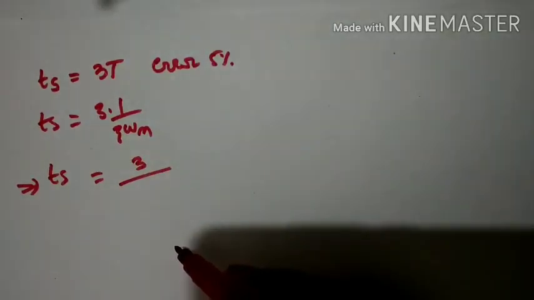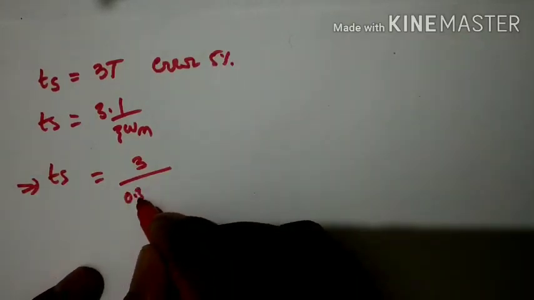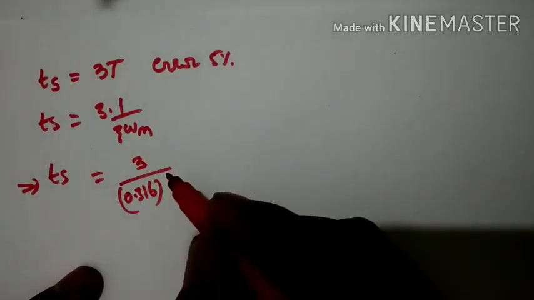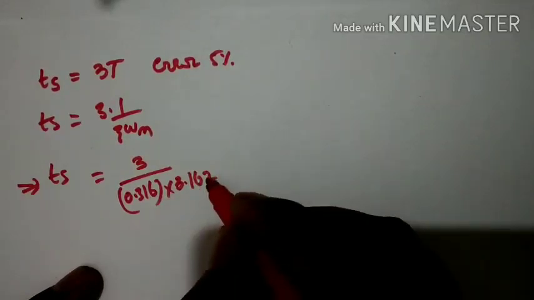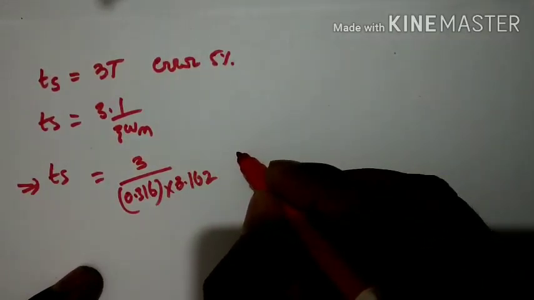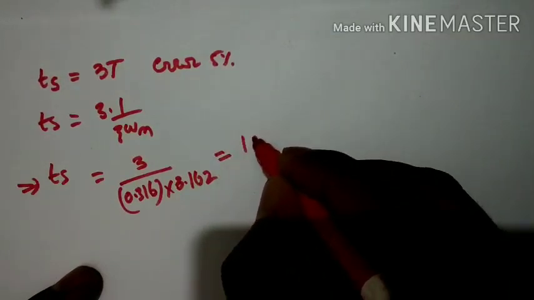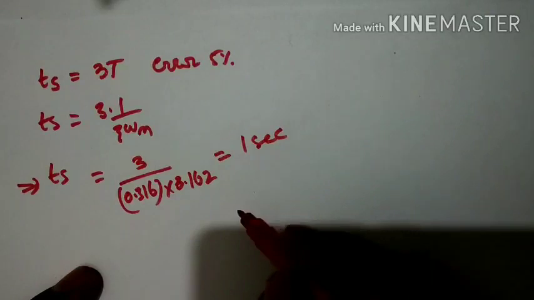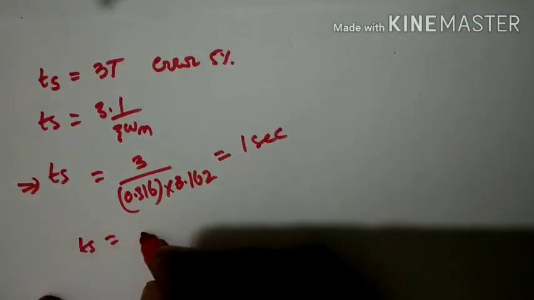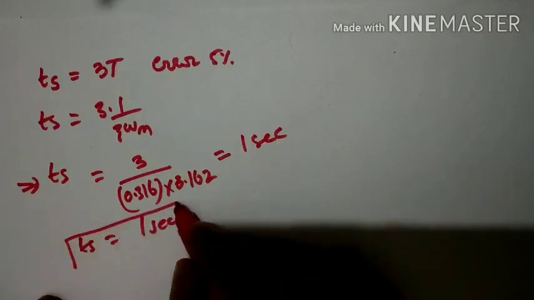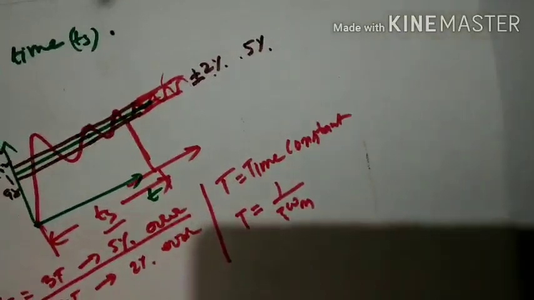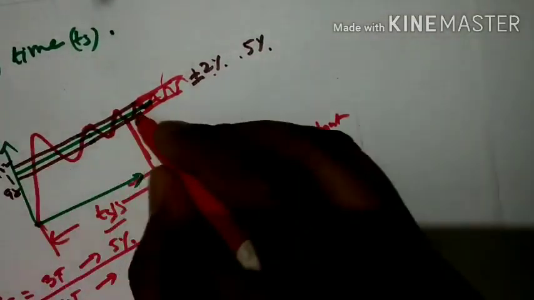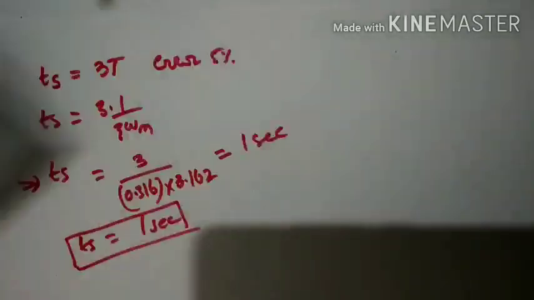Zeta is 0.316. Omega n is 3.162. You divide, and you will get 1 second. How much time has it taken to reach here? It takes 1 second. Within 1 second it is settled in the specified band.